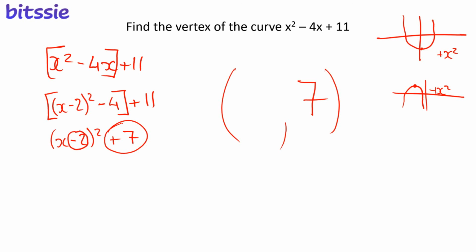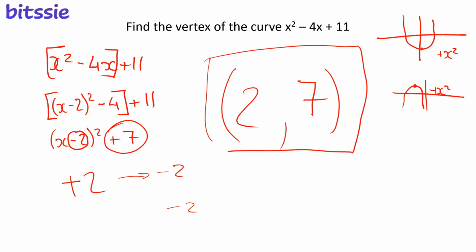It's not negative 2, but it's actually positive 2. So if it's negative 2 in the brackets, we put 2 here. But if it was positive 2 in the brackets, we put negative 2 in the coordinates. So the coordinates of the vertex of the curve x² - 4x + 11 is (2, 7).